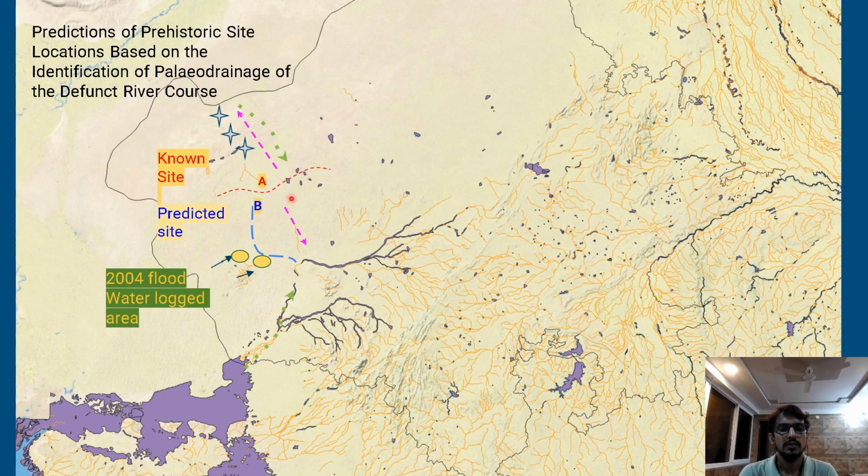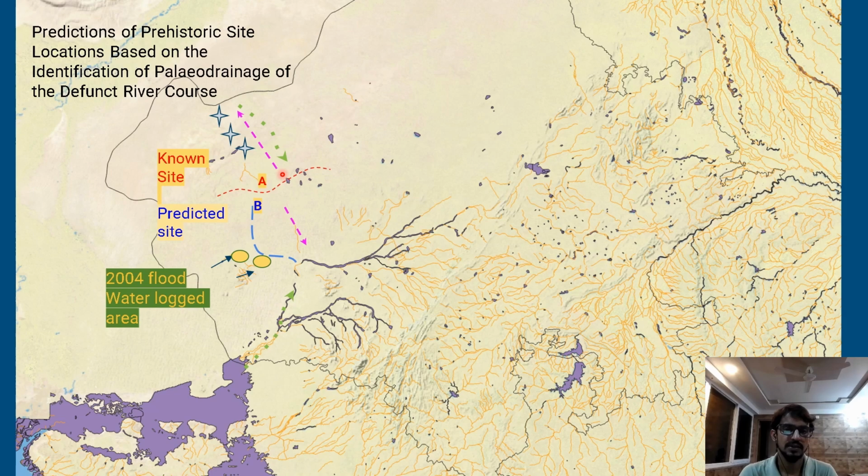Okay. So first, after years of long surveys and multiple visits in the field, sometime in 2018 we were able to identify this site, Neran, at location A. And the question was how the site is there in isolation.